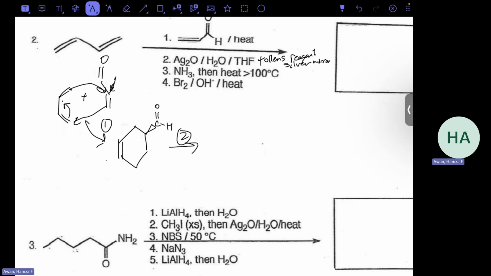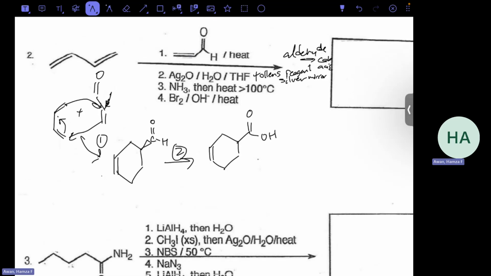In this one, the aldehyde becomes a carboxylic acid. So this aldehyde is going to be a carboxylic acid now. I won't put the wedge here just to keep my sanity.